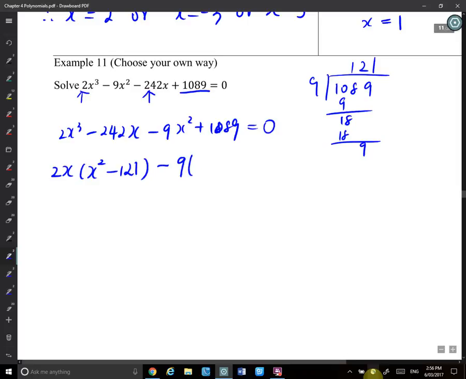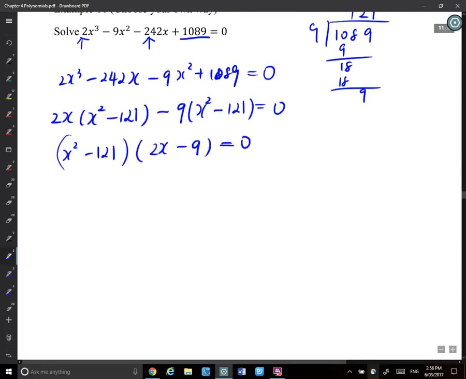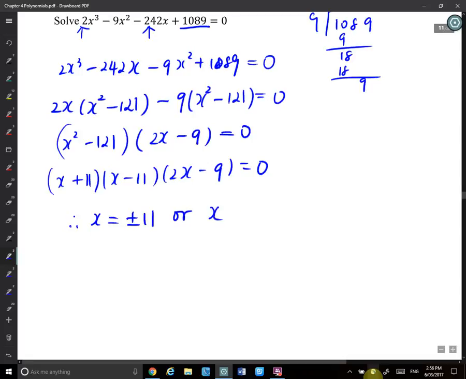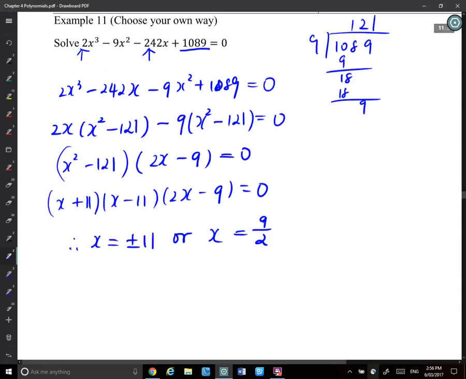Minus 9 here, you have x squared minus 121 as well. That gives you 0. So x squared minus 121 will be the common factor, and 2x minus 9 will be another common factor. That gives you x plus 11 and x minus 11. So x can be plus minus 11, or x can be 9 over 2, because each bracket equals 0.